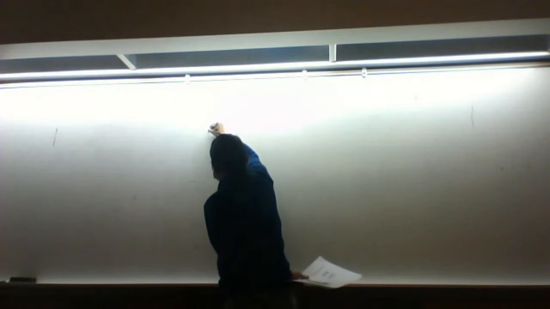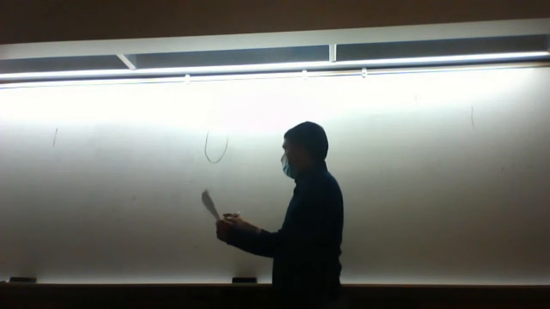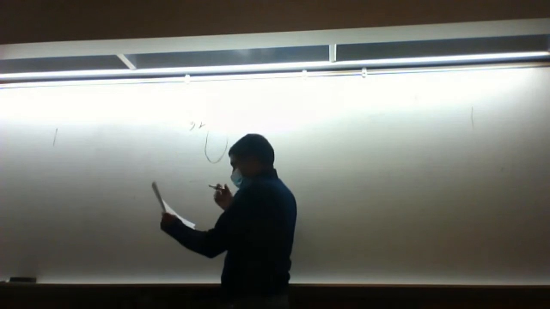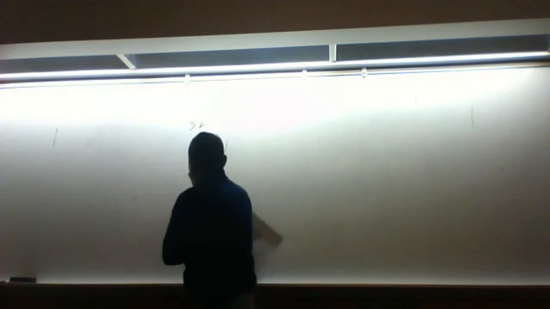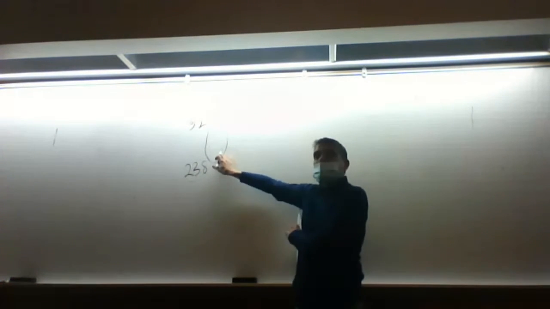It's a U, and then it writes 92 here, and at the bottom it writes 238. We'll study this in chapter 2. So what does this mean? This element, the U, is for uranium.